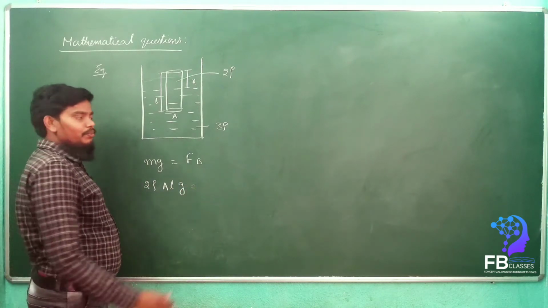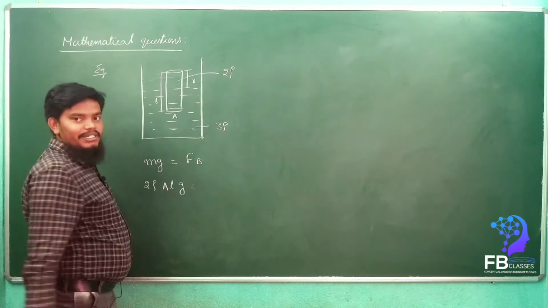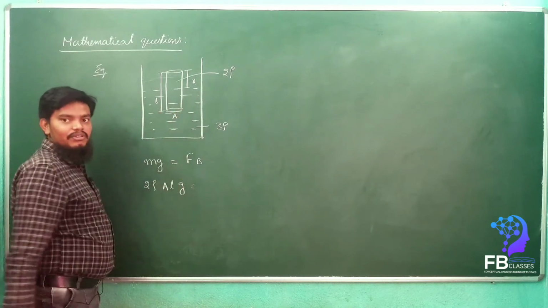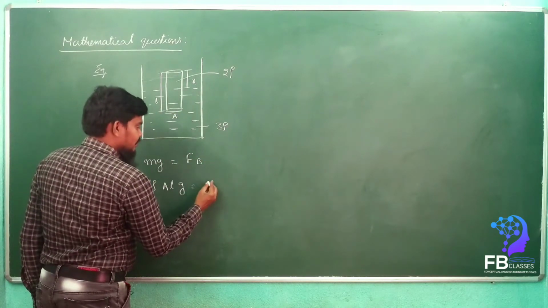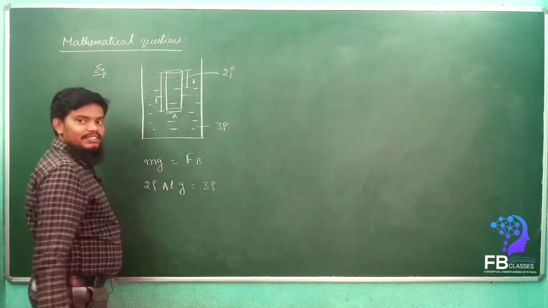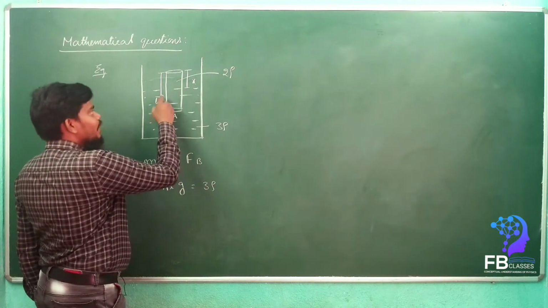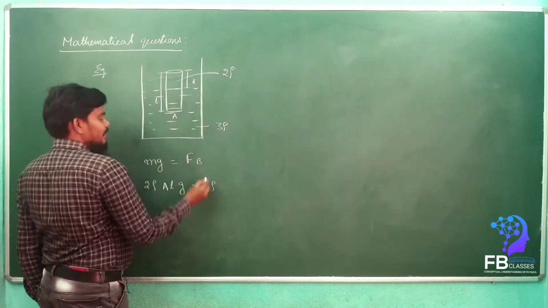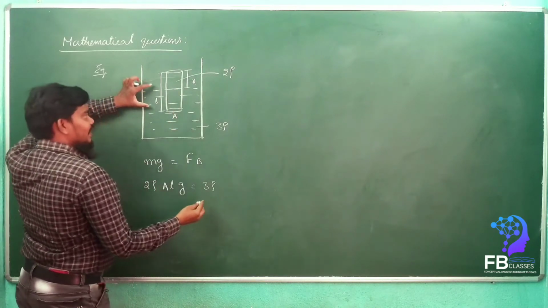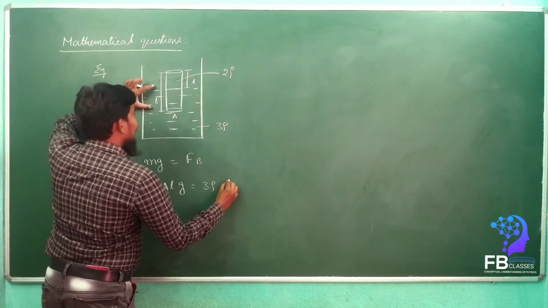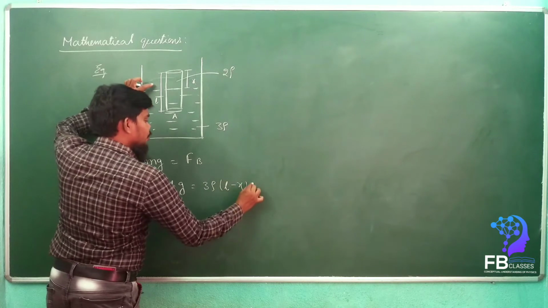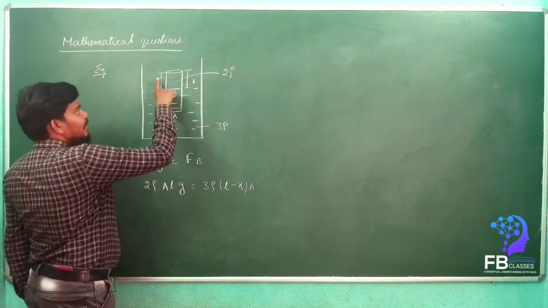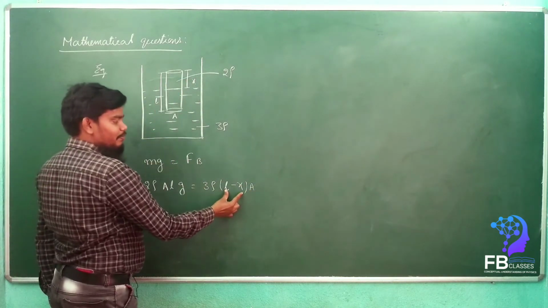FB is related to what, my dears? It is the displaced liquid. So density of the liquid, then the displaced volume. How much volume is displaced here? We can write it as L minus X into A.